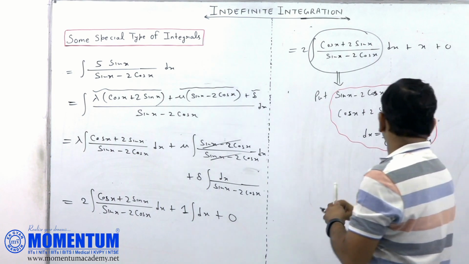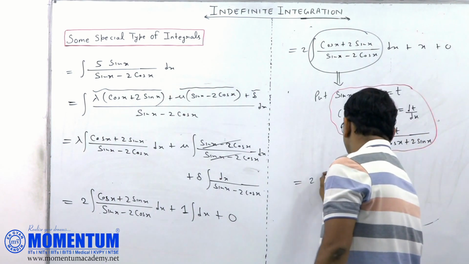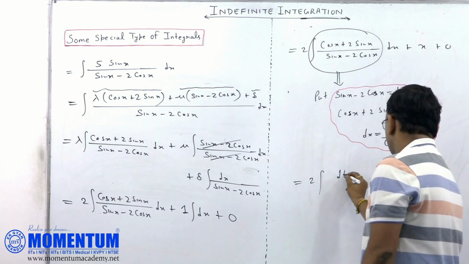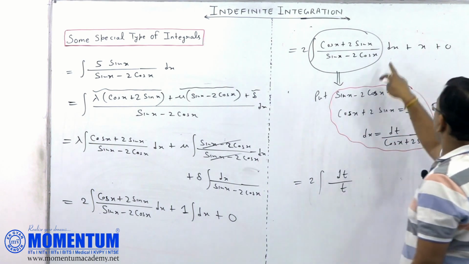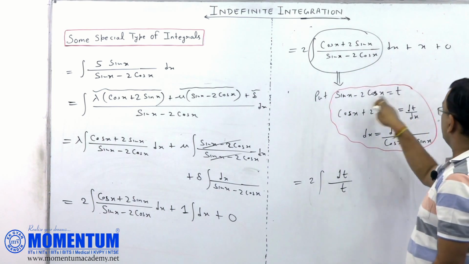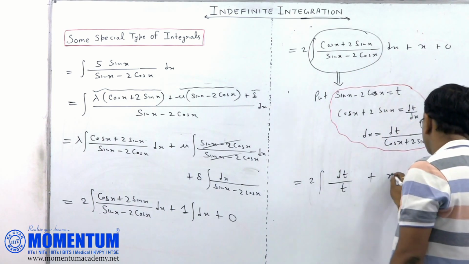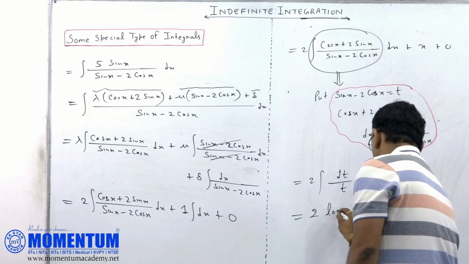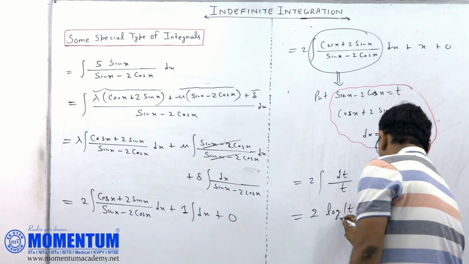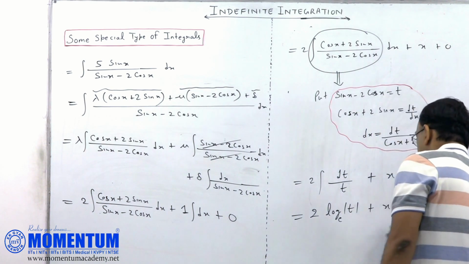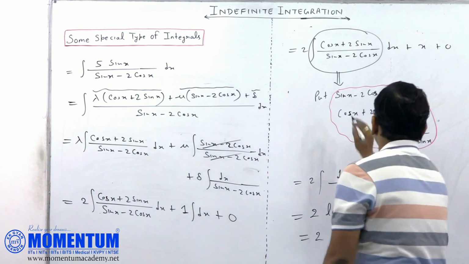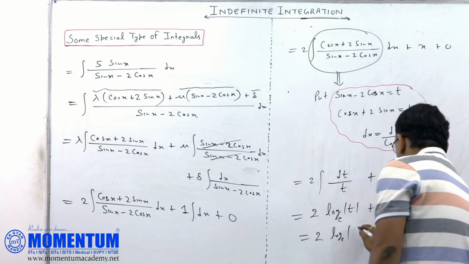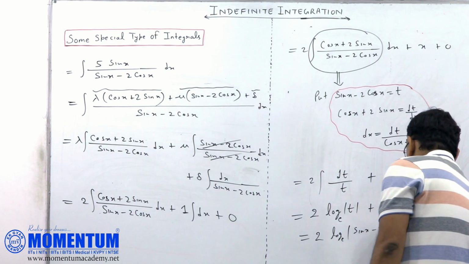Putting the value of dx, now we have 2 times integration of dt by t, plus x plus 0. Now dt by t has the answer log of mod of t, where in place of t we take sin x minus 2 cos x.